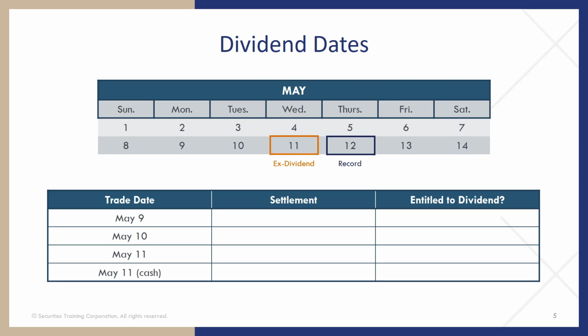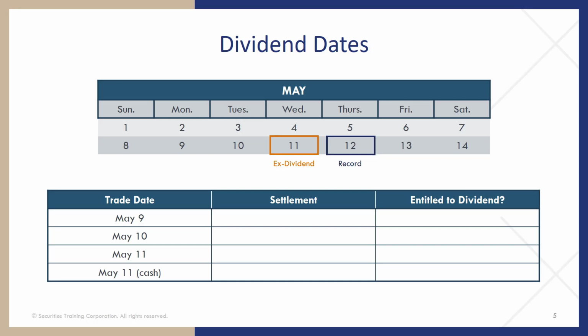Well, they open the ownership books to see who's an owner on the 12th. Anyone who's an owner as of the close of business on the 12th receives the dividend. If you're not, you do not receive the dividend. So if I bought it on the 11th, they wouldn't know about me until the 13th, therefore I could not receive the dividend.